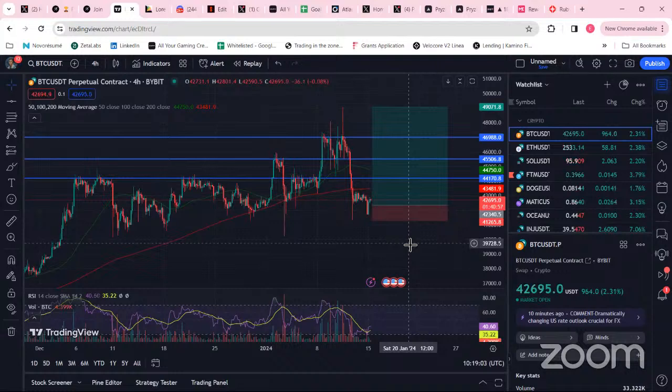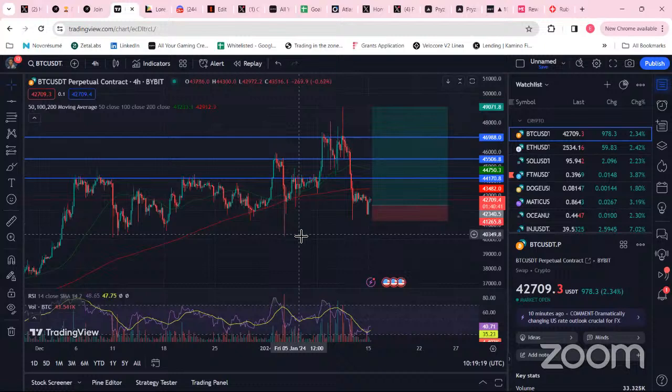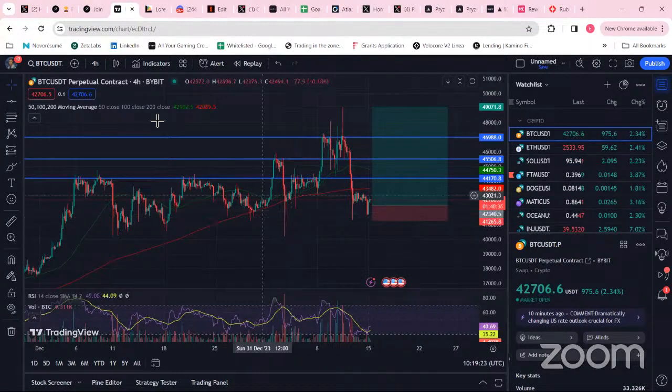It was very big news, but like we always say, the market doesn't always react how everyone expects. We saw a small move to the upside around 49K, and then a dump back to 41K.